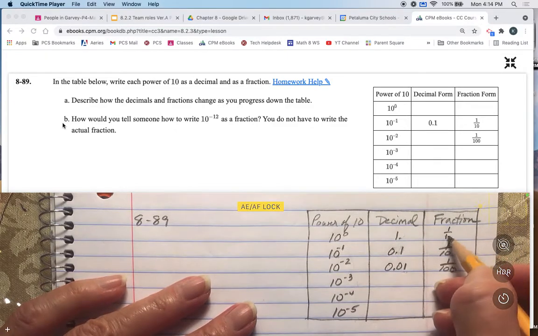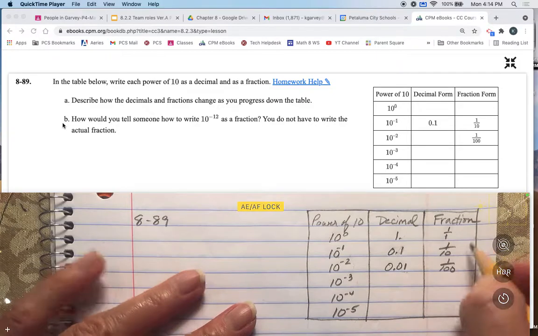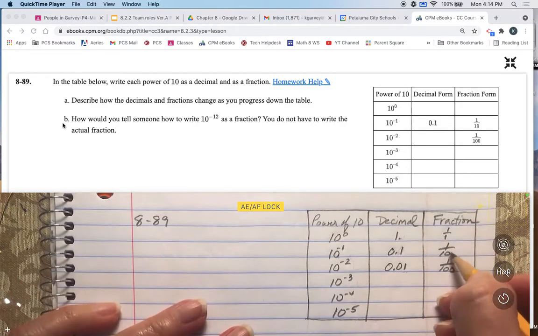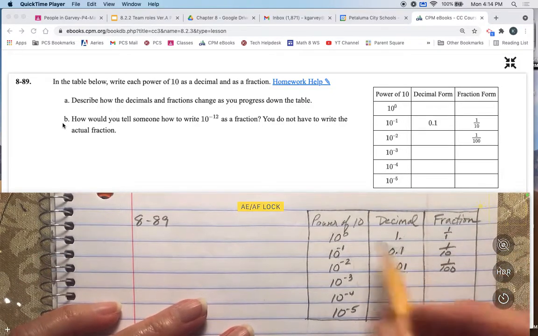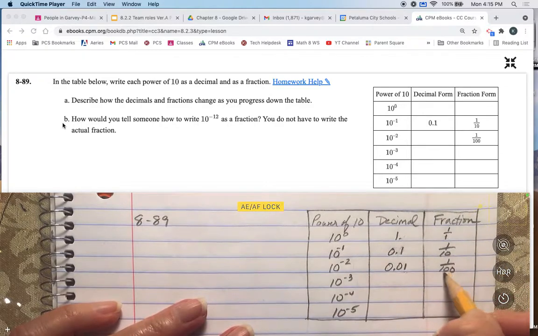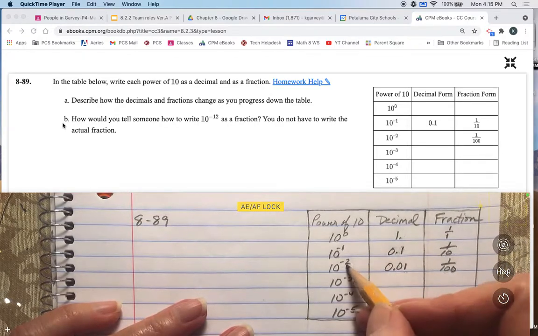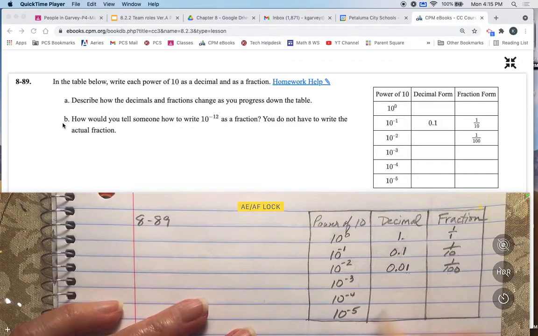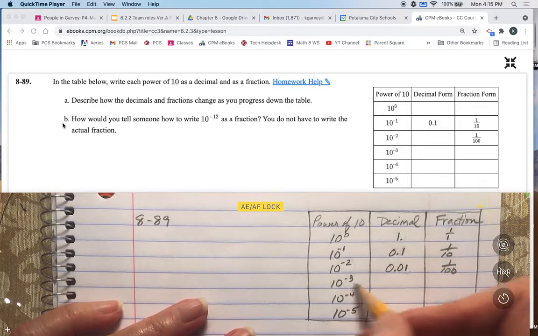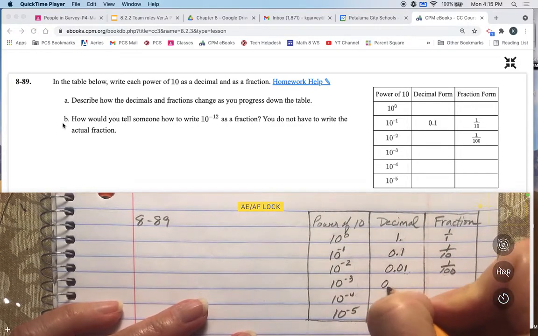And we notice here there's no 0 behind the 1 in the denominator, but here there's 1 zero to match our negative 1, and 2 zeros here to match our negative 2 and the 2 place values. So let's go ahead and do the same thing for this.